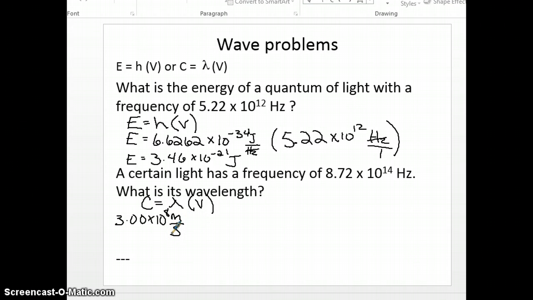And if you wanted to, those constants, the speed of light and the h, put them on your periodic table so you have them. What is the wavelength? Well, here's the symbol for wavelength. I was given frequency.